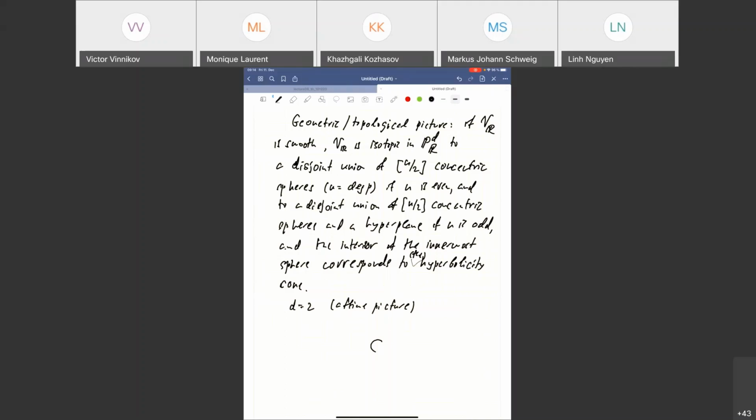That's the innermost circle, that's the hyperbolicity cone, and then there will be some others.